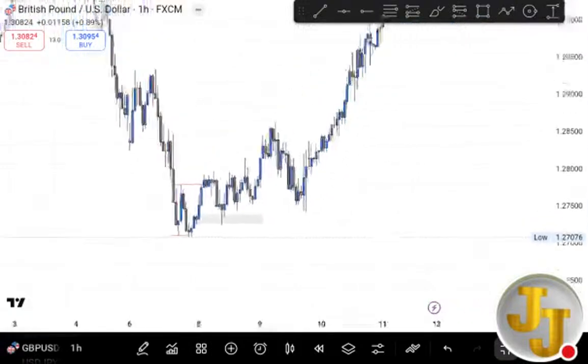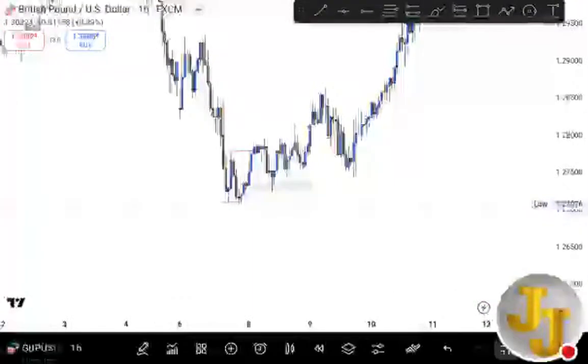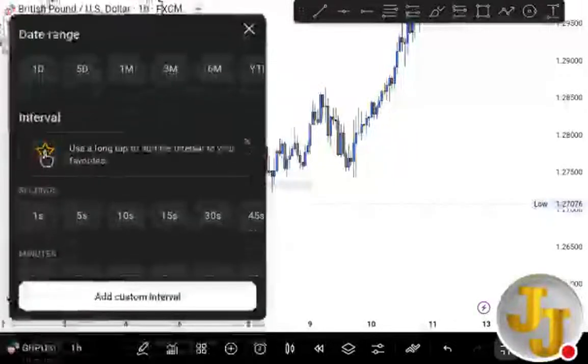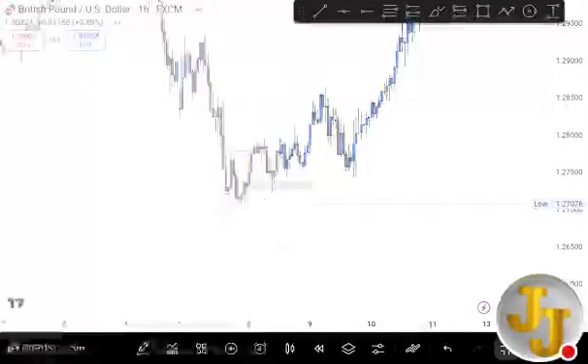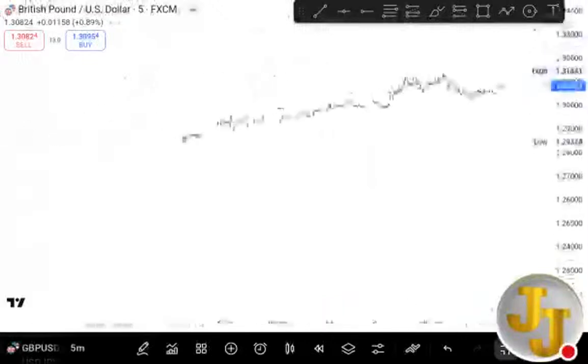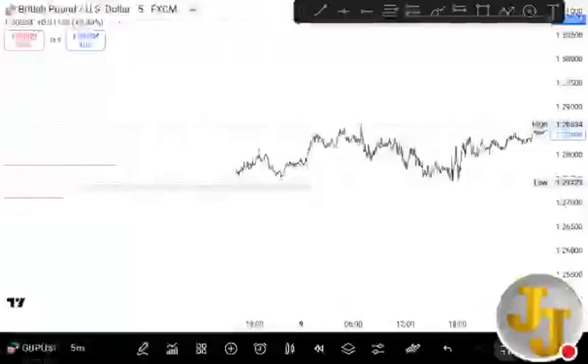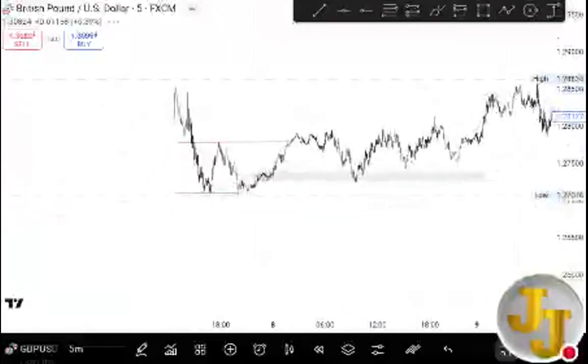But I want to show you how do we enter when the market comes back to our order block? We always enter from a 5-minute time frame. Let's go there and we see where we enter from, guys, right?